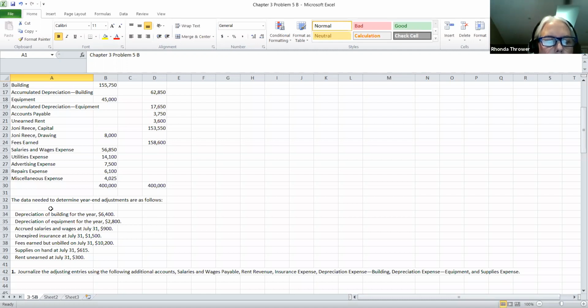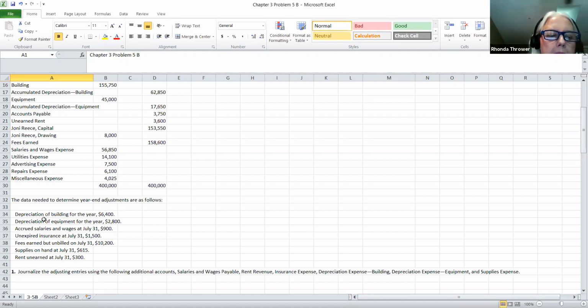When you're looking at the adjusting information, you can see here that they started with depreciation of a building, and that depreciation for the building for the year amounted to $6,400.